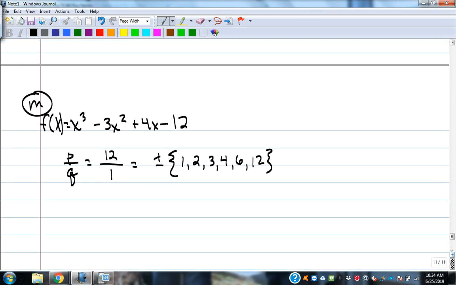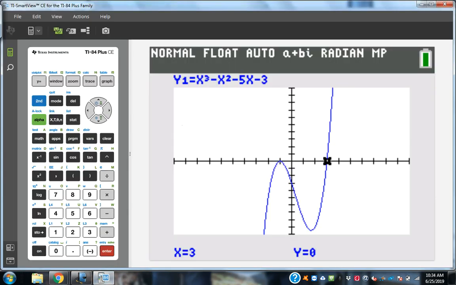Okay. So we're going to set up synthetic division: 1, -3, 4, -12. We need something to go on the shelf. Again, to find that, you're going to graph it.